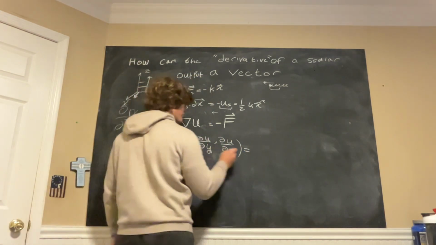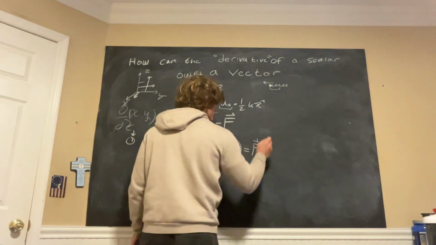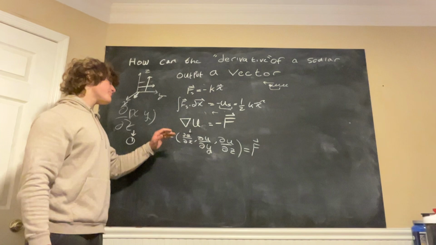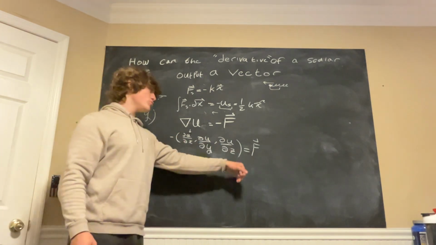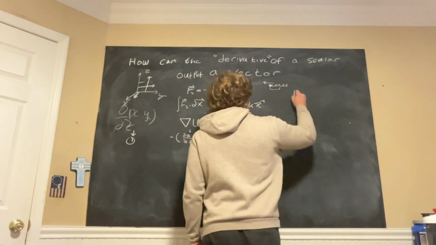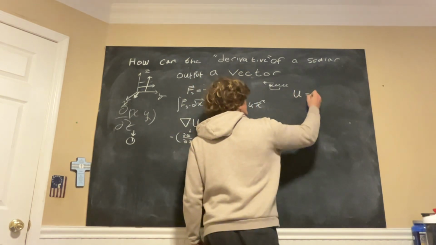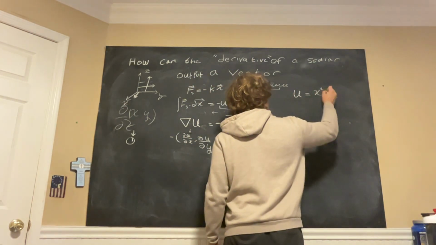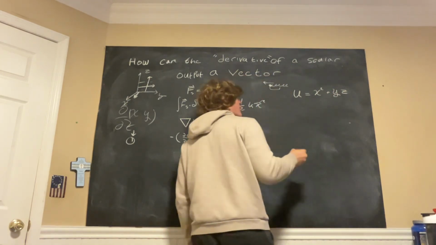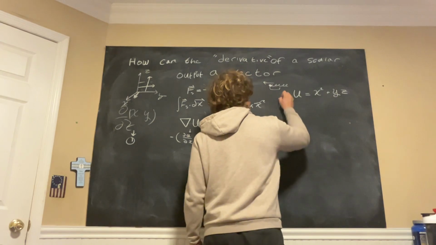So first off, I will write this equation, which is just a rearrangement of our other equations. So negative the gradient of u is equal to our force vector. So let's say that our potential energy is equal to x squared plus yz. Now find our force vector.